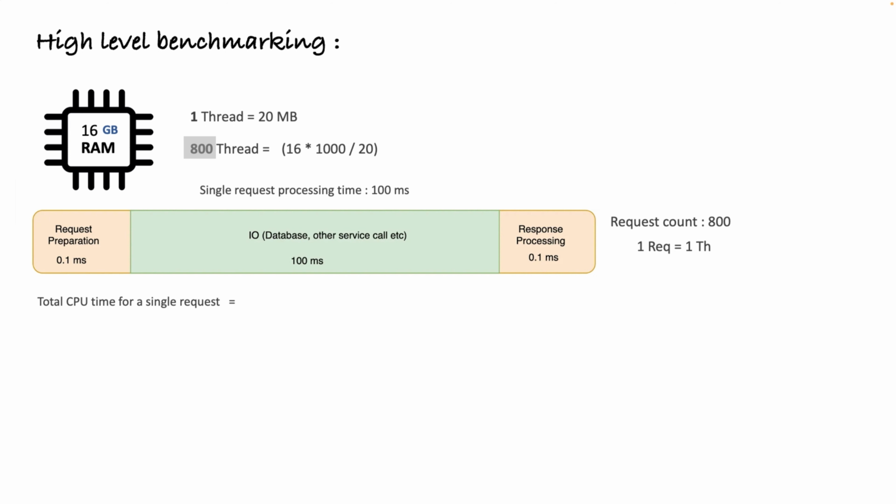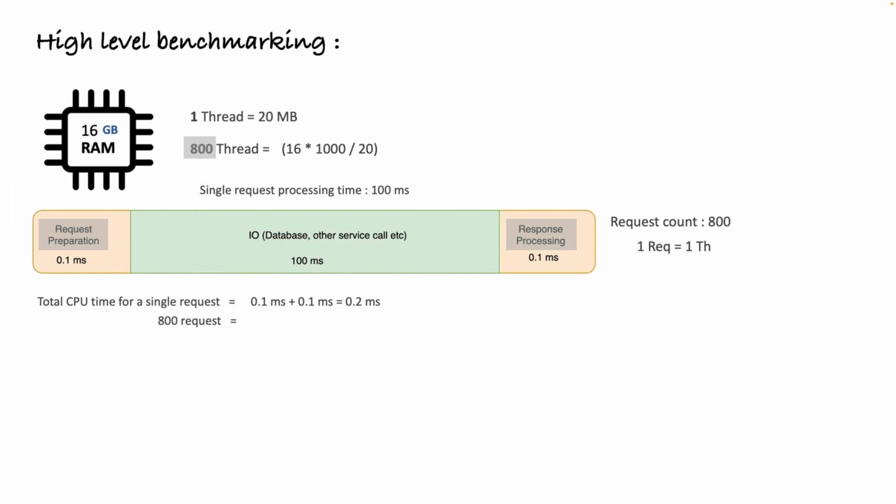Now let's calculate the total CPU time for a single request. Request preparation took 0.1 millisecond and response processing took 0.1 millisecond, so the total is 0.2 millisecond for a single request. Now we have 800 requests, right?